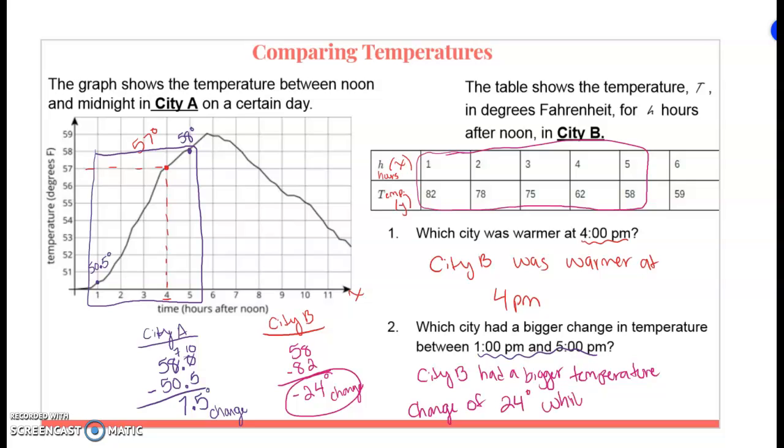And you can say while City A only had a 7.5 degree change. So take a moment, make sure you get these notes down. Remember, they are in your summit and they are under your 6th checkpoint. I think it's called comparing temperatures. Let's move on to the next one here.